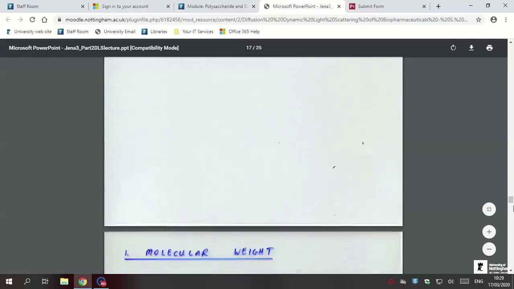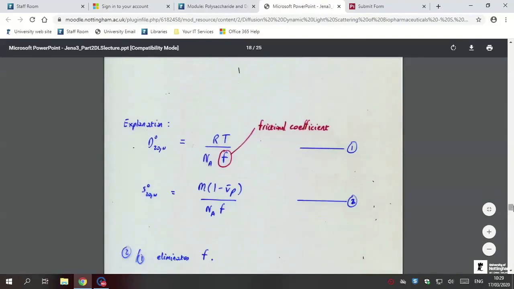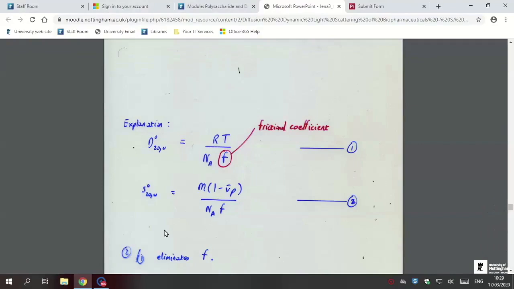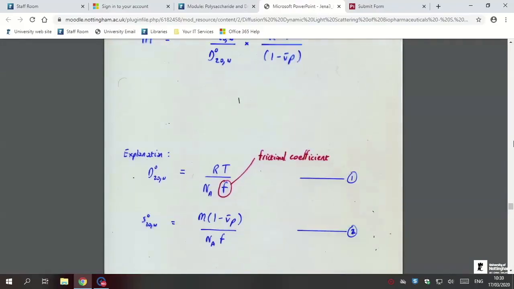And where that comes from is that these are the equations linking the diffusion coefficient with the frictional ratio, which is a measure of the resistance to flow, and the sedimentation coefficient with the frictional coefficient. And we did that in semester 1 in the BIOS4008 module. So the Svedberg equation just combines those 2 equations together to eliminate the frictional coefficient.